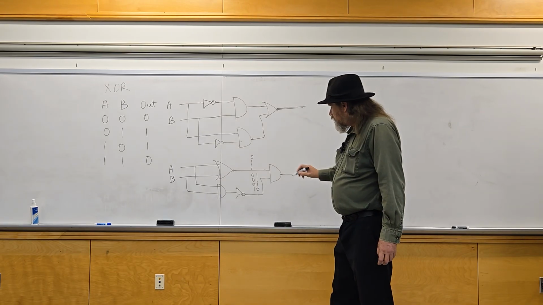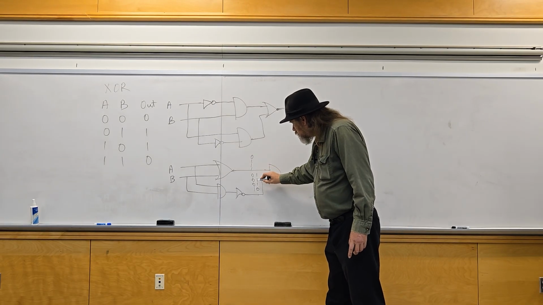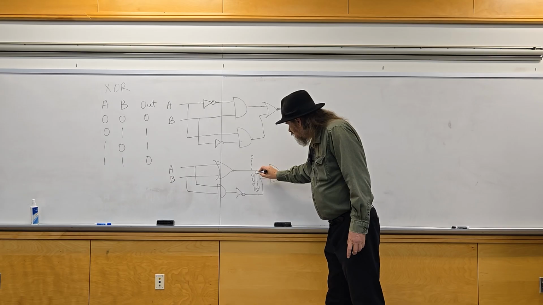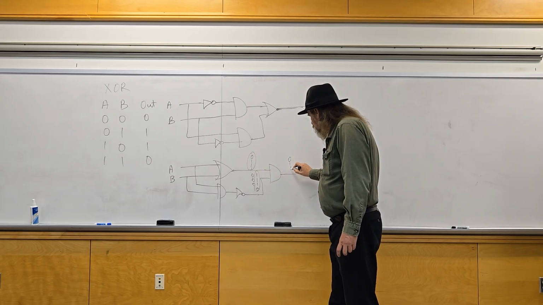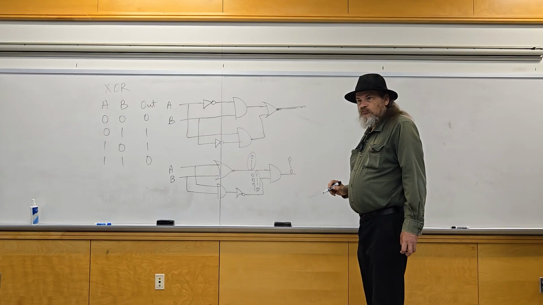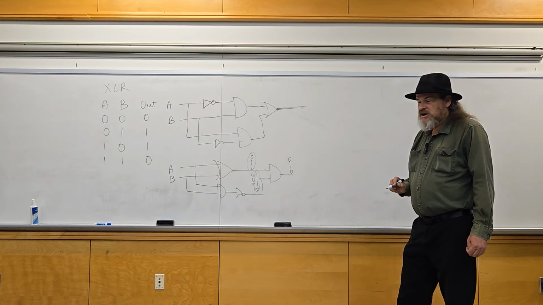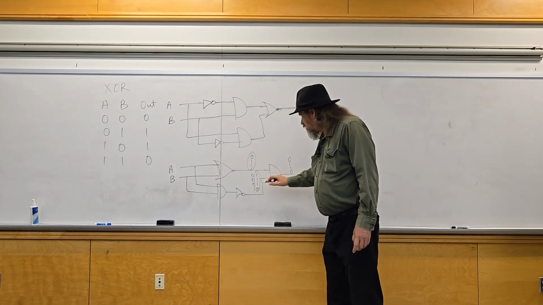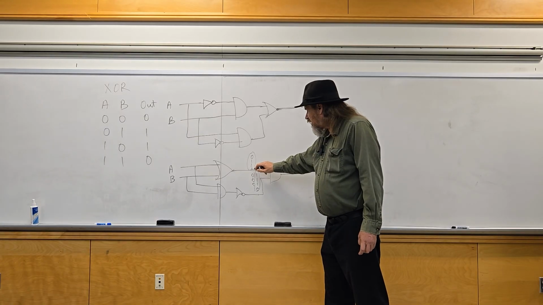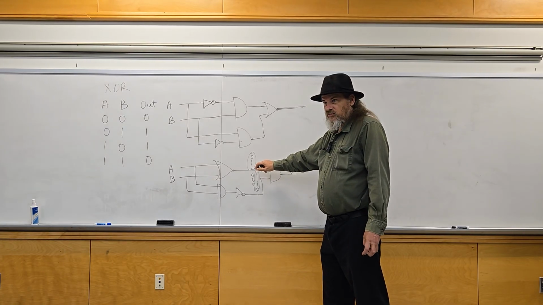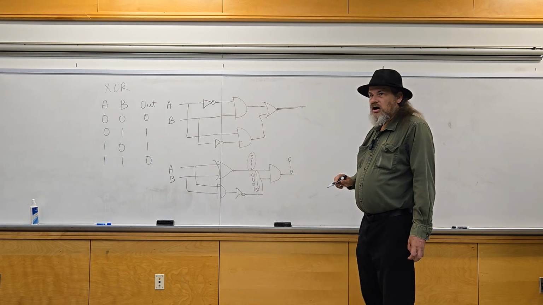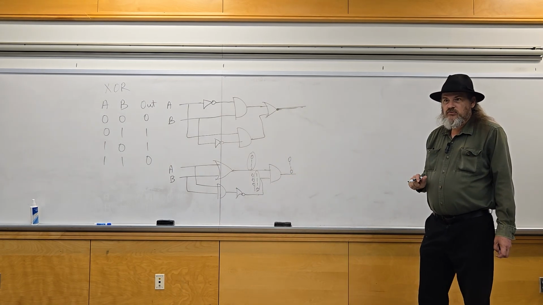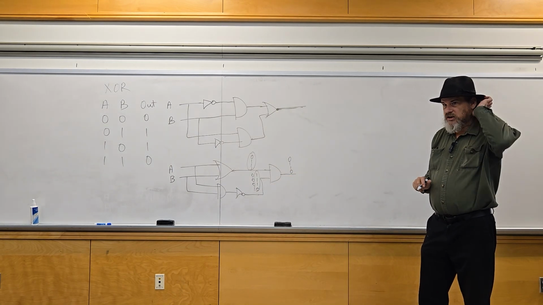And then you AND these two together, this one and this one, and that would yield 0, 1, 1, 0. You use this to take away the undesirable outputs. You AND it with an invert of what you're wanting to take out.